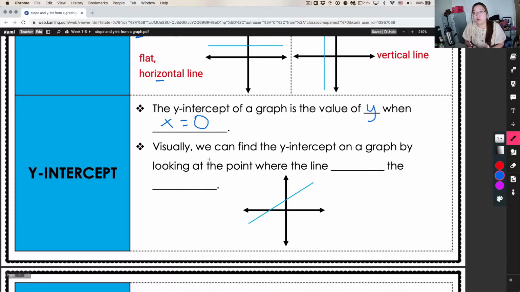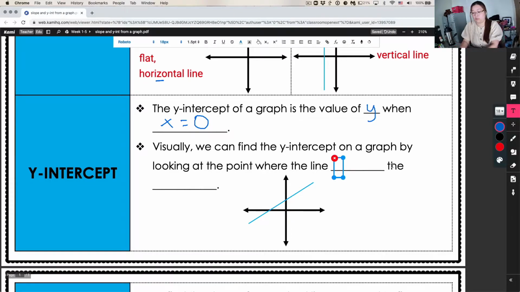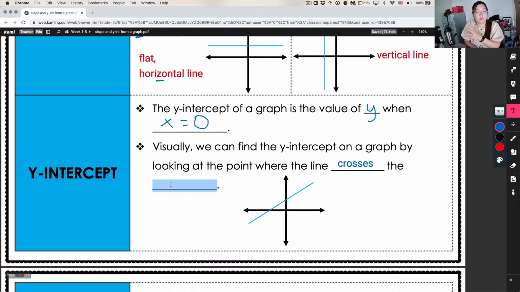So visually, when we're looking at a line, we can find the y-intercept on a graph by looking at the point where the line crosses the y-axis. All right? Where the line crosses the y-axis.